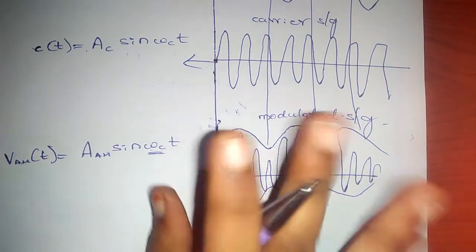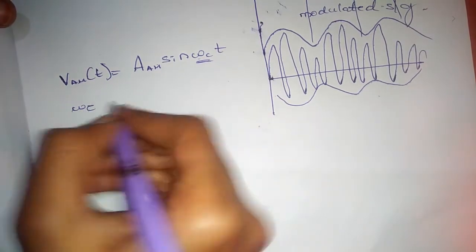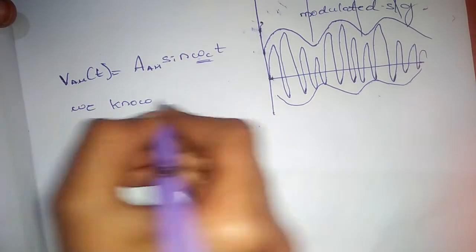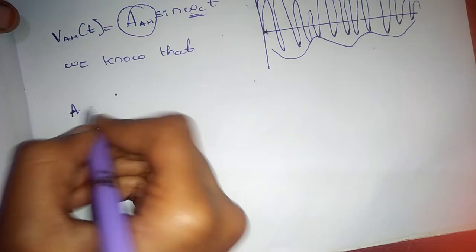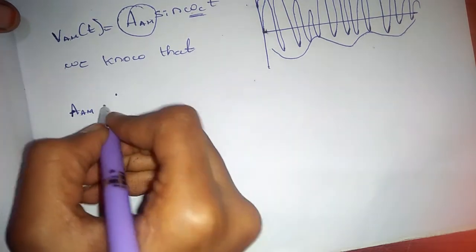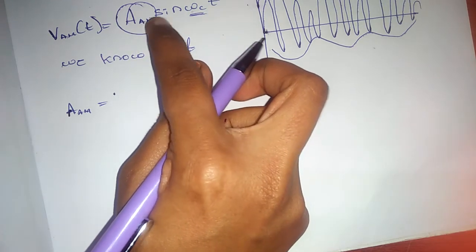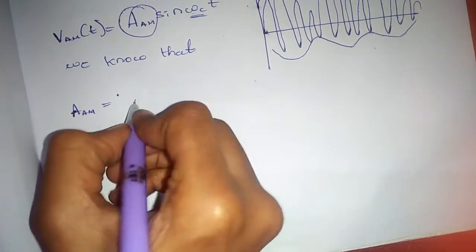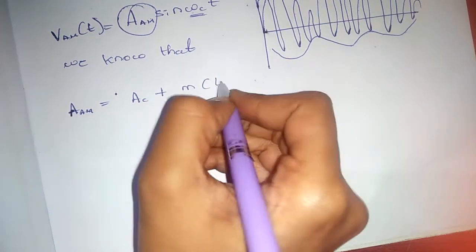But we know that the amplitude of this amplitude modulated wave is Ac plus m of t.